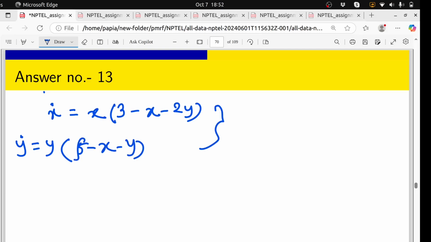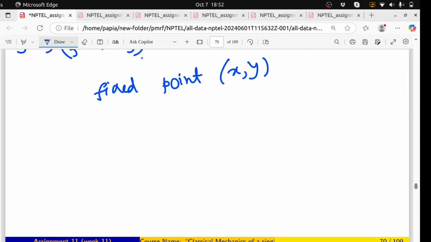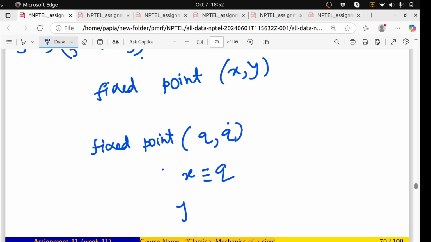And they told us that the fixed point is in the basis of xy. So can I write it like that? Previously we were talking about fixed point as, let's say, q and q dot. So I can write x as equivalent to q and y as equivalent to q dot.